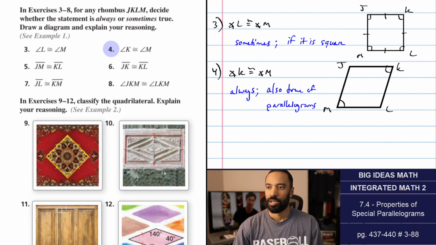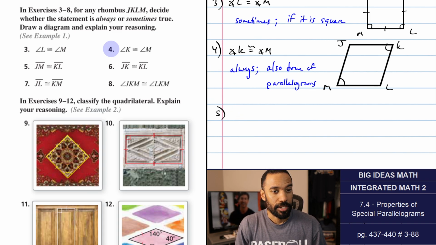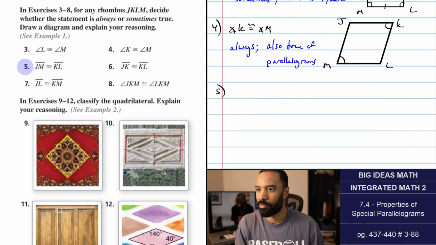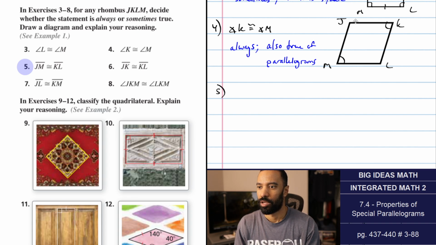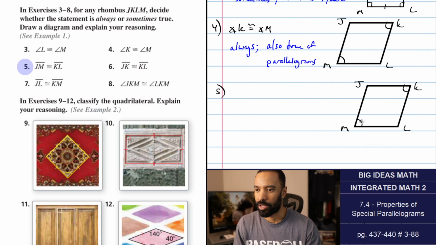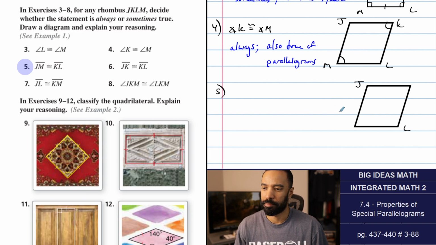Okay. Number 5. Segment JM congruent to segment KL. I can tell you off the bat, as long as those are side lengths of this thing, this will be true. Just get ready to copy and paste that guy. All right, segment JM congruent to segment KL. Just lost my K and my M. So here's JM, here's KL.